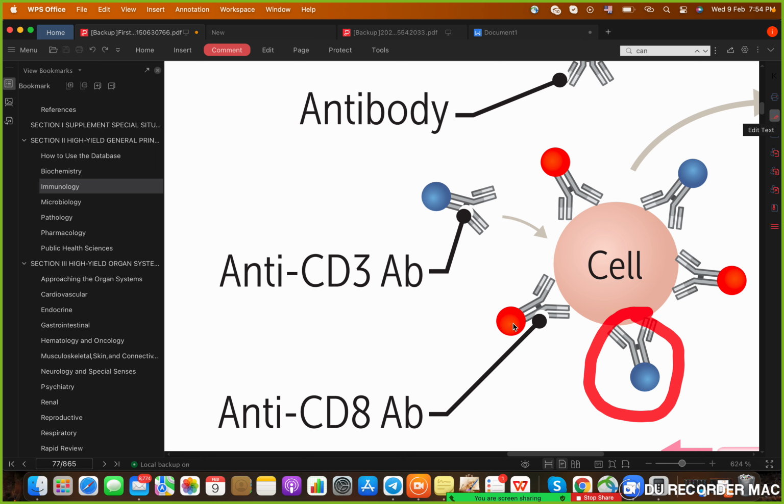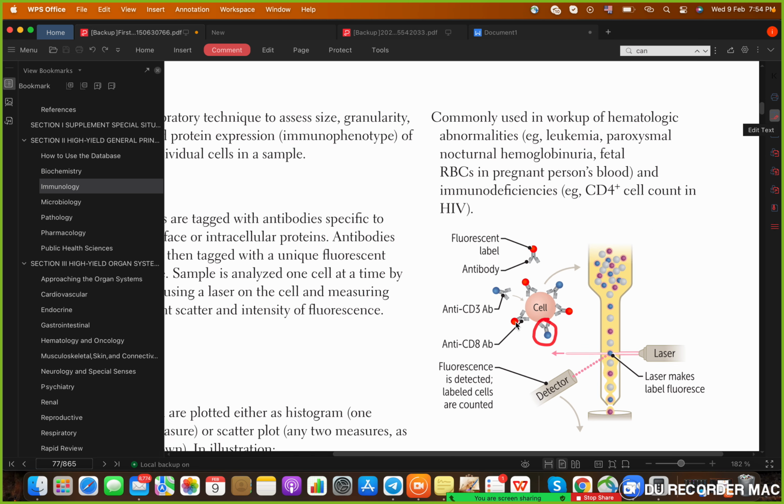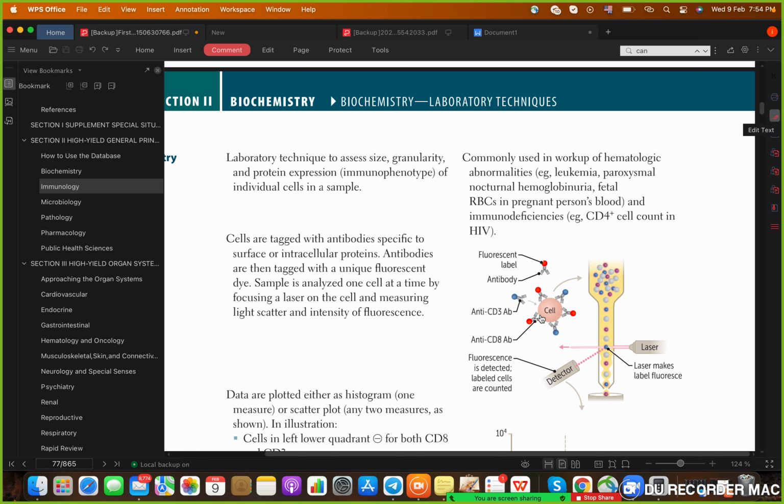What about the Fc portion? Well, the Fc portion carries a fluorescent label with a specialized light on it, which helps us to determine, using a camera, which type of cell it is. Is it a CD4? Is it a CD8? So antibodies are tagged with a unique fluorescent dye on the Fc portion.